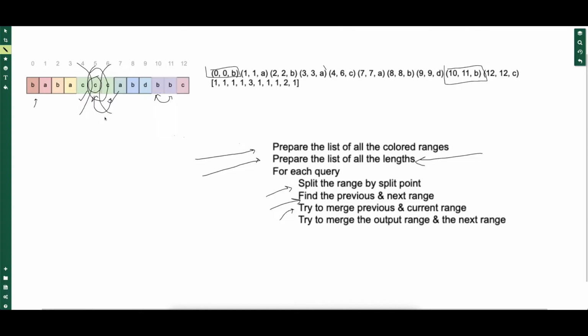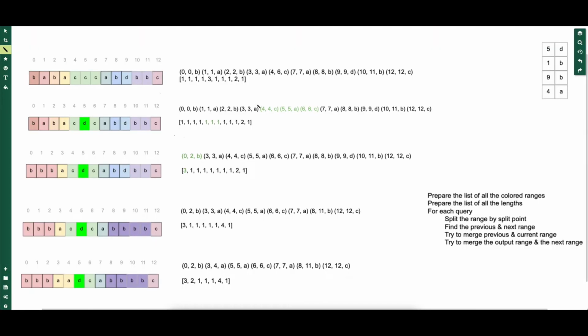So let's try to understand this with an example. So this is our initial range that we have prepared previously, and along with this we are also maintaining the list of lengths of substring.